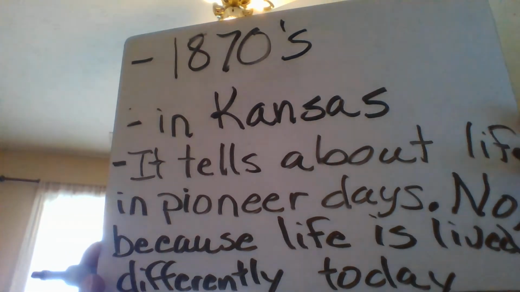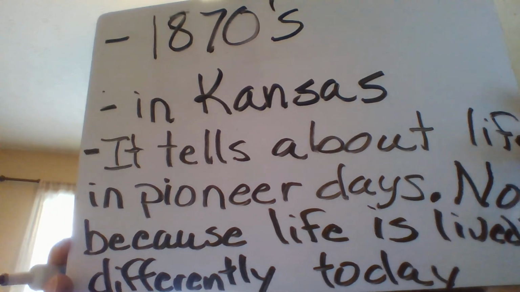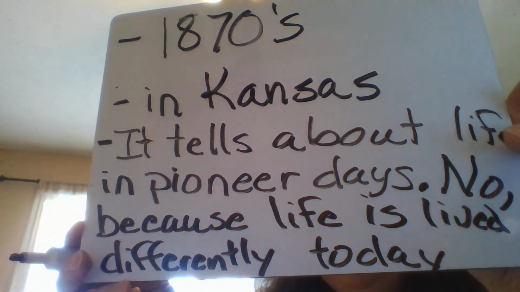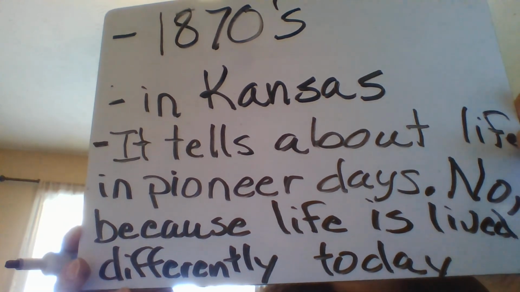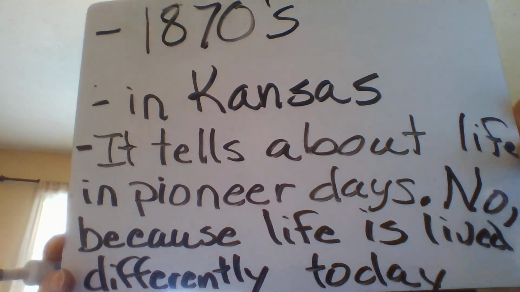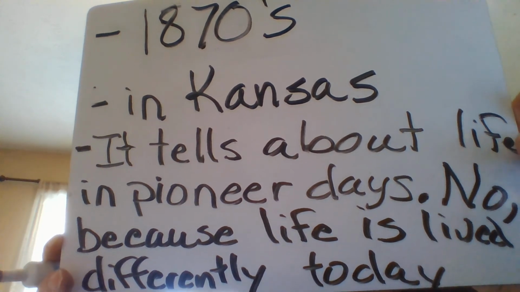We could be farmers in the same place, but it would not look the same. We wouldn't use a covered wagon. We would still be able to go to stores. We would travel much more quickly. We would buy more things. There would be the internet. So, no, it could not happen today because life is lived so differently today.